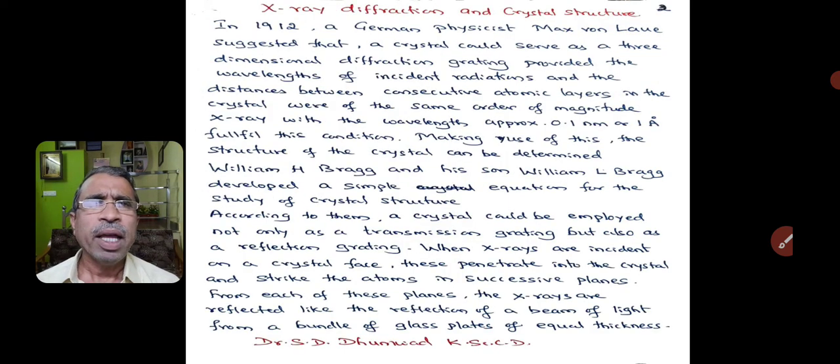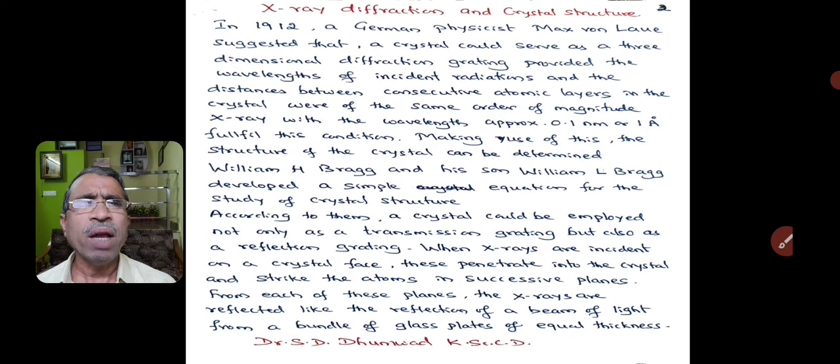Coming to X-ray diffraction and determination of crystal structures. In 1912, a German physicist, Max von Laue, suggested that a crystal could serve as a three-dimensional diffraction grating, provided the wavelength of incident radiation and the distances between consecutive atomic layers in the crystal were of the same order of magnitude.